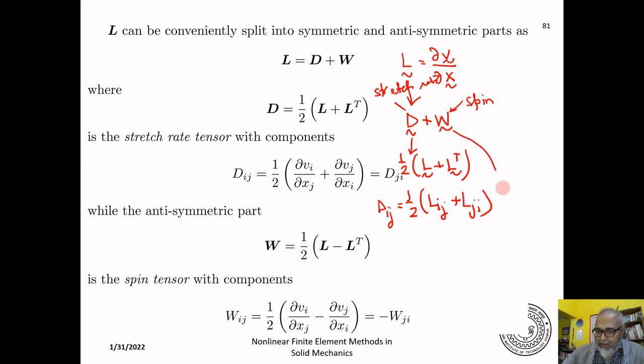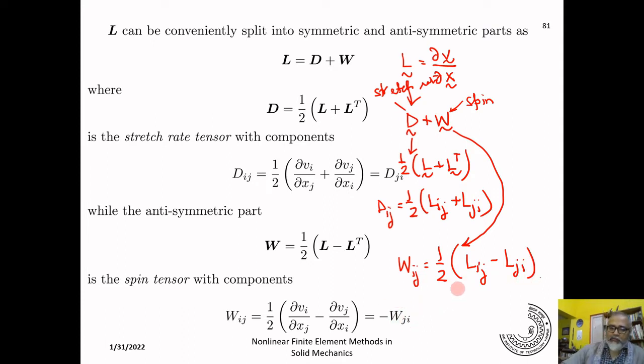And the antisymmetric part, the spin, Wij, is half L minus L transpose, which is Lij minus Lji. So Wij is equal to minus Wji. This is a skew symmetric tensor and this is a symmetric tensor.